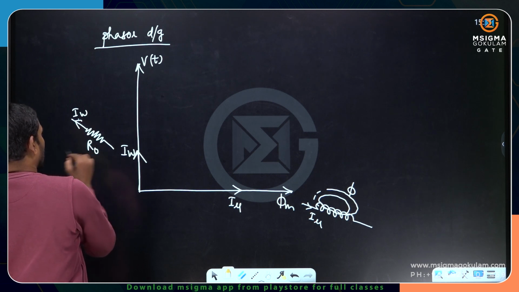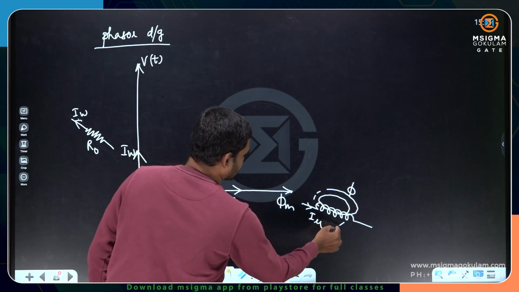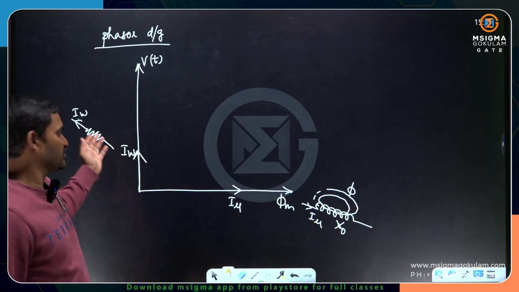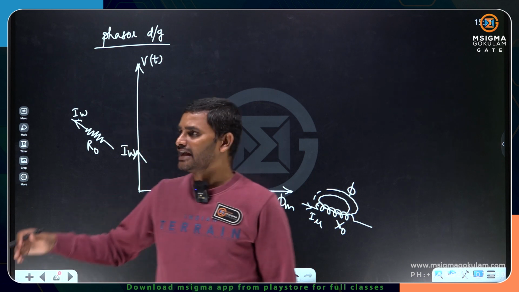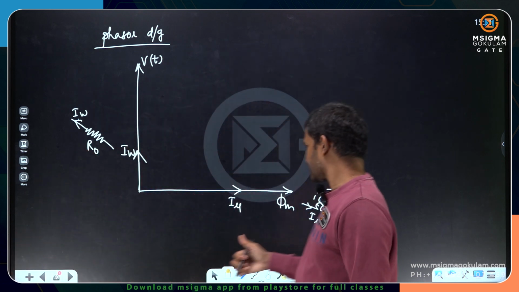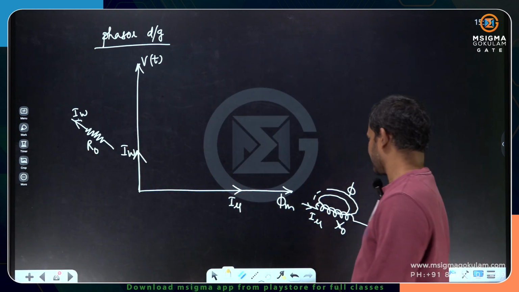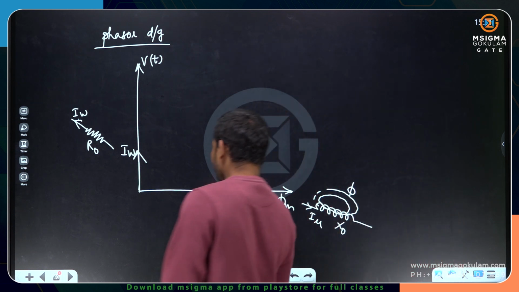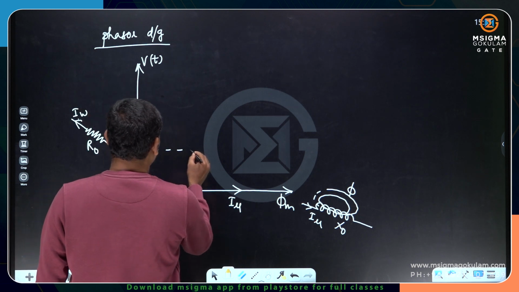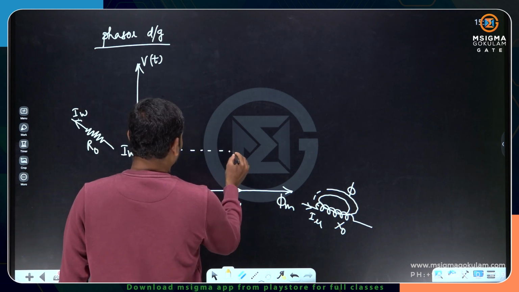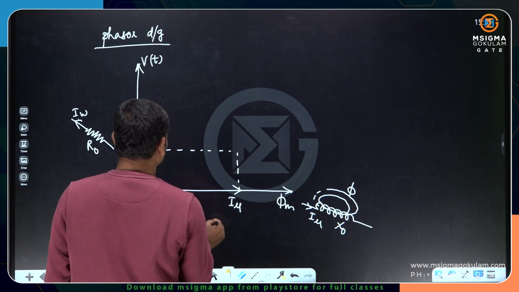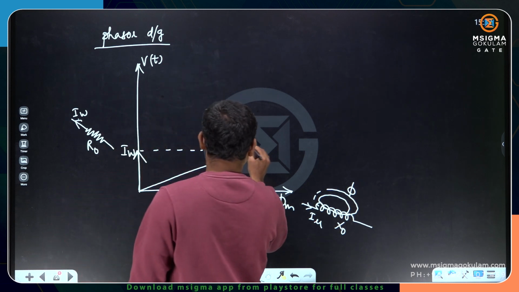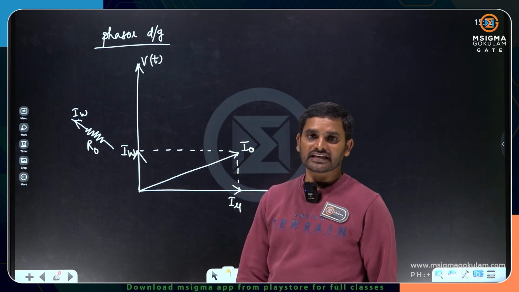We represent it as R naught and X naught. Some textbooks represent them with G naught and B naught. G is the reciprocal of resistance, and B is the reciprocal of reactance. That's it, nothing new. Now the phasor sum of the working component of current and the magnetizing component of current is nothing but the no load current I naught.